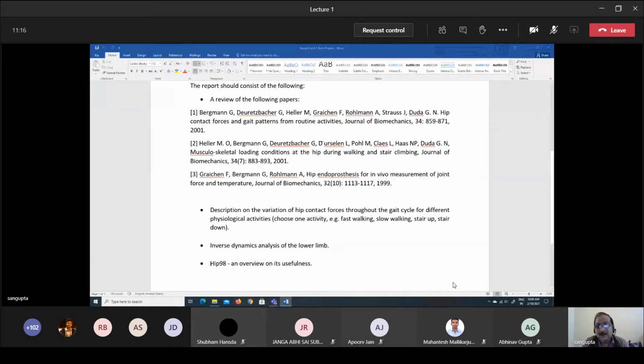Basically, an overview of HIP98 and its usefulness. Within HIP98, what are the measured data? What are the calculated data? What are the transformations? Where are the local coordinate systems? You also have to do a lot of transformation of the data, from local to global.